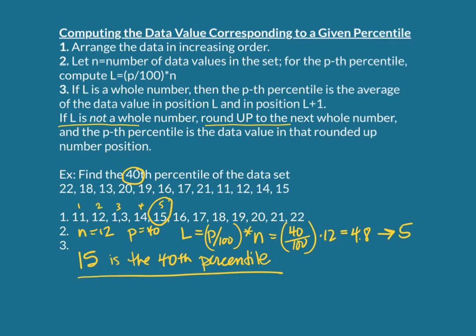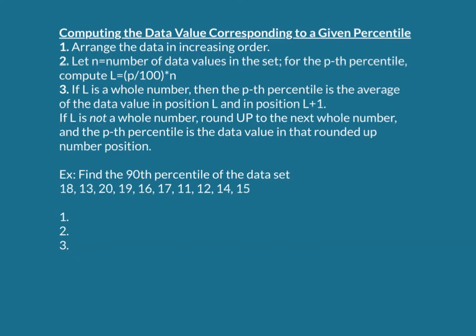Okay. Let's try another one. This time we're going to find the 90th percentile of a data set: 18, 13, 20, 19, 16, 17, 11, 12, 14, and 15. And we're going to follow our 3 steps. Step number 1, arrange the data in increasing order. The lowest number is 12, and then we go all the way up to 20.